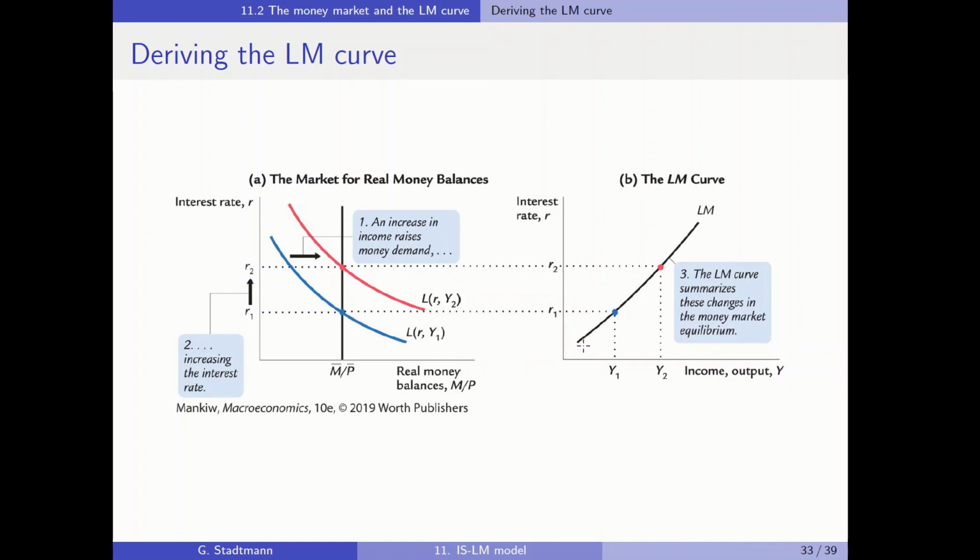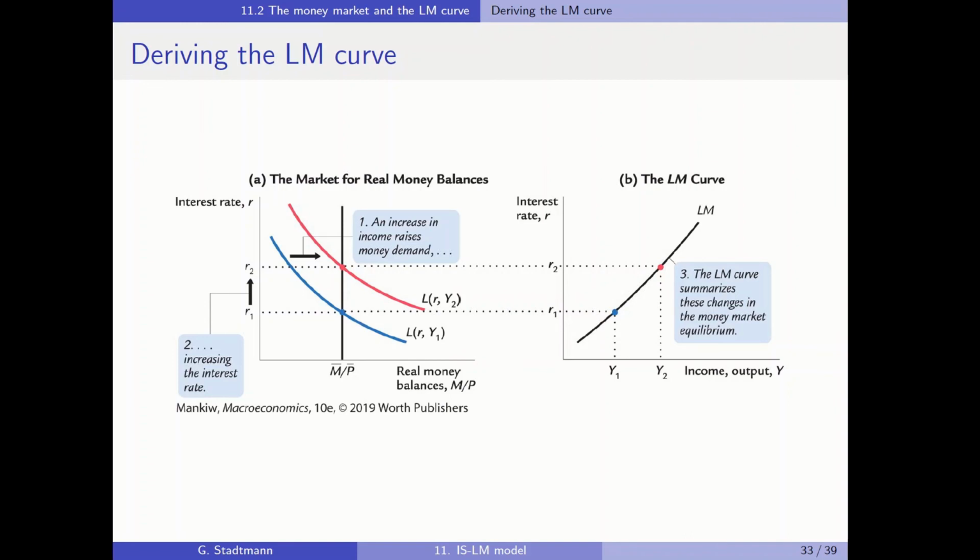Then we can combine these two points, the blue one and the red one, and we can draw our LM curve. What's very important here is that the LM curve is upward sloping in this interest rate income diagram.